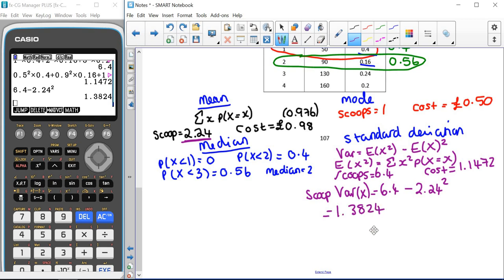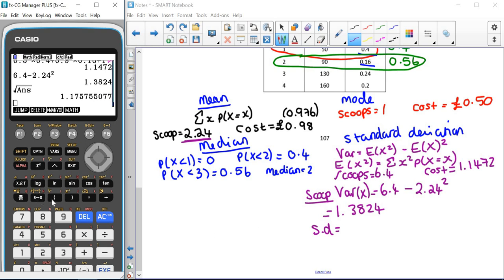Again, I'm going to keep the whole number for now because that's the variance and not the standard deviation. For the standard deviation, remember that this is for the number of scoops that we have. We are going to have to square root that value, so square root our answer, which gives us 1.18. And now I am going to round that to 3 significant figures. So notice how when I was still doing some working, I kept my numbers unrounded until I got to the end here.